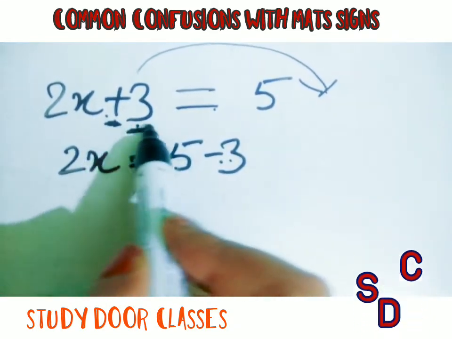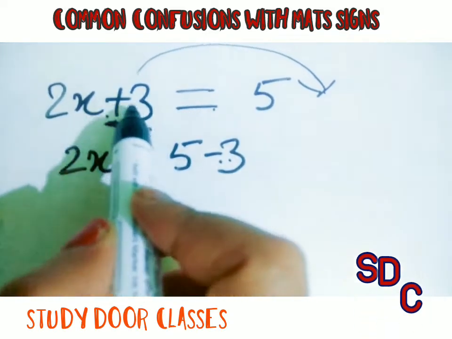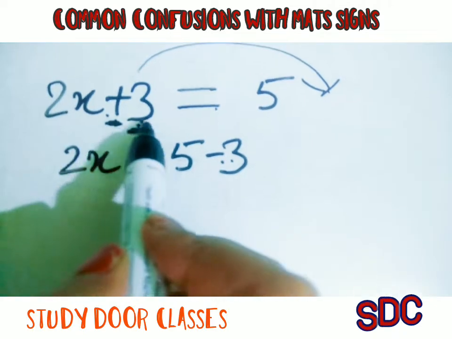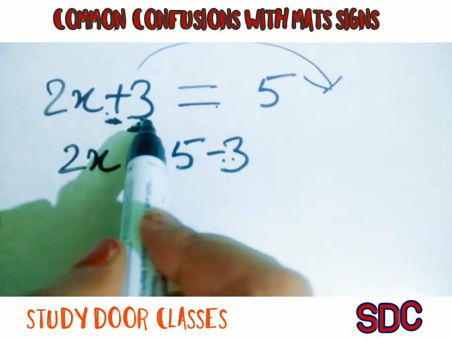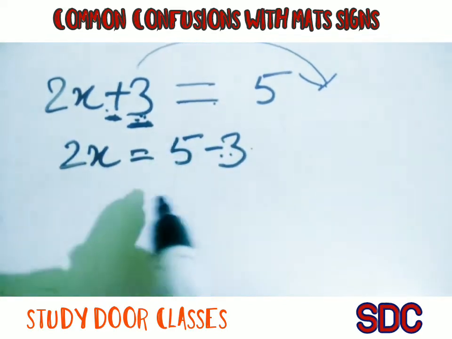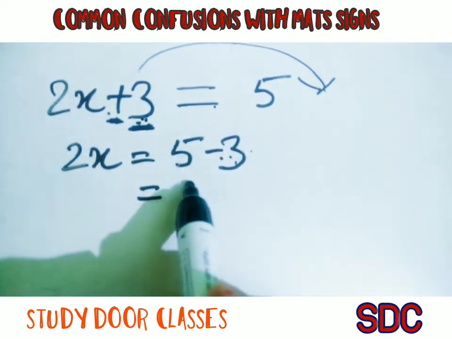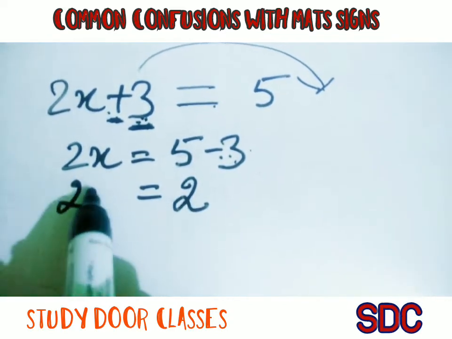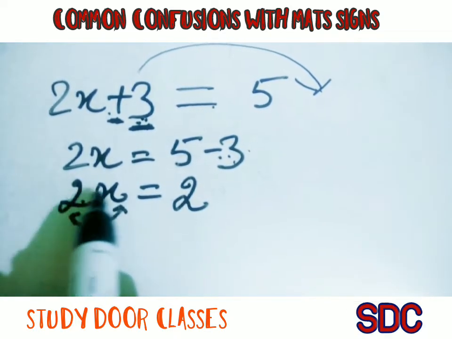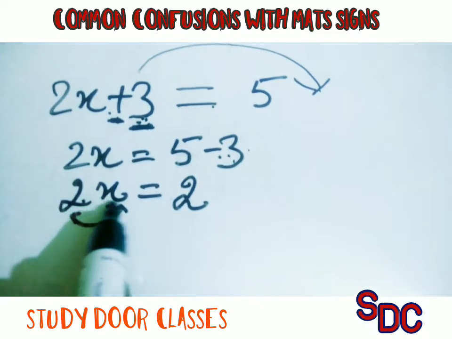It goes alone. It was the only number here, not a variable, no variable with it. So 5 minus 3 is equal to 2x. Now here are two things, 2 and x, and we need the value of x.